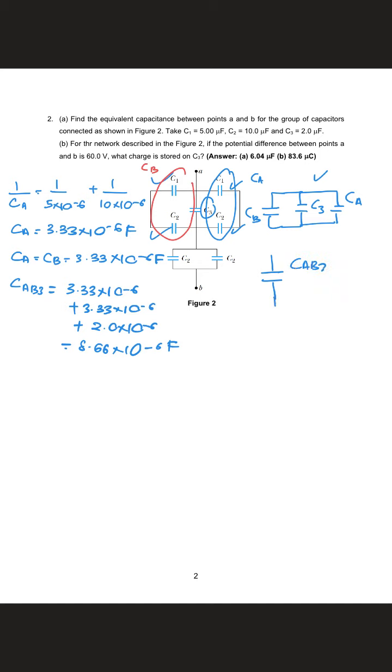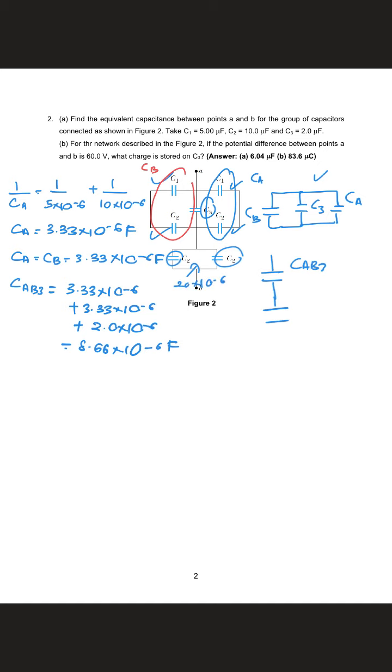Now we draw it: CAB3 is connected with the two C2 capacitors here and here. The combination of these two C2 is parallel, so C2 plus C2 gives 20 microfarad at this part.